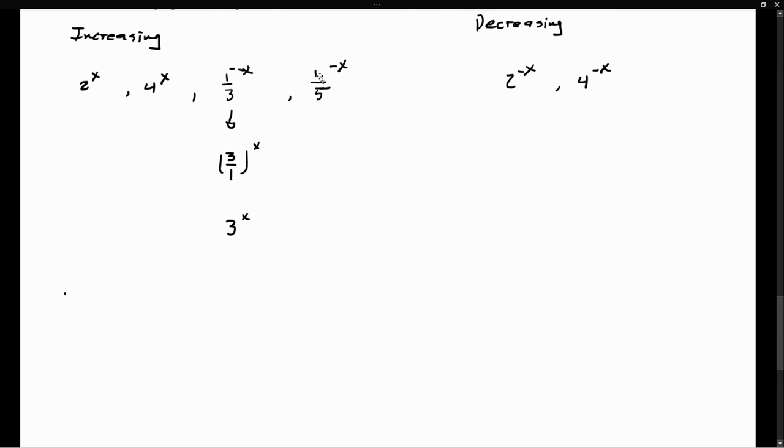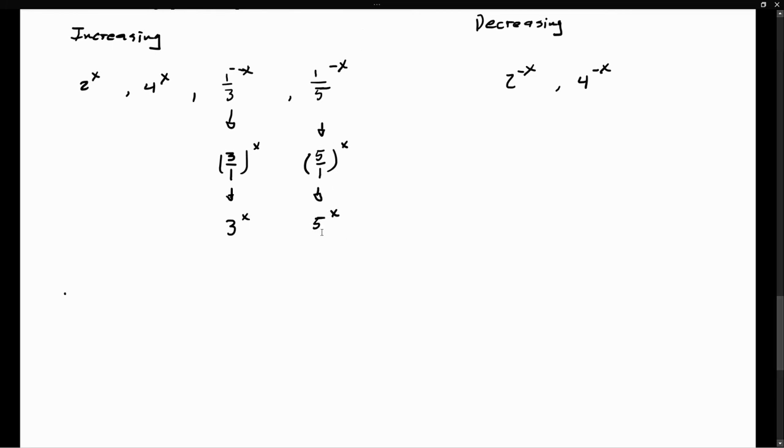The same goes for this 1/5 to the negative x, because if we rewrite this expression as a positive exponent, it is equivalent to taking the reciprocal of the base, which is 5/1, and now we can change the sign of the exponent. And 5/1 is exactly just 5, so 5 to the x.